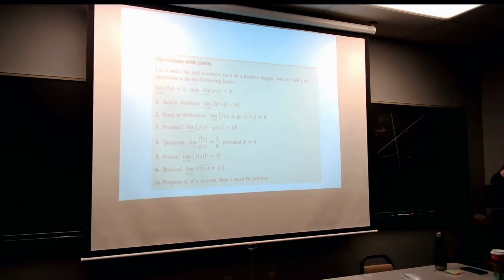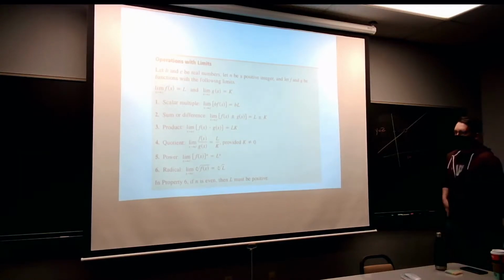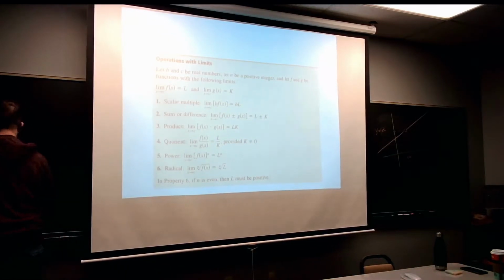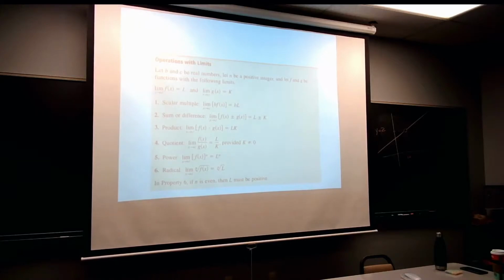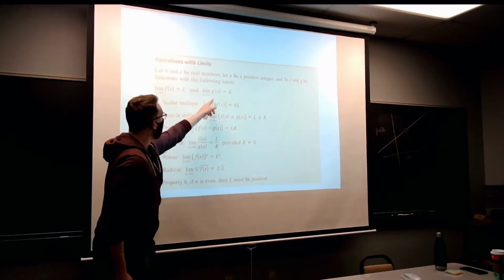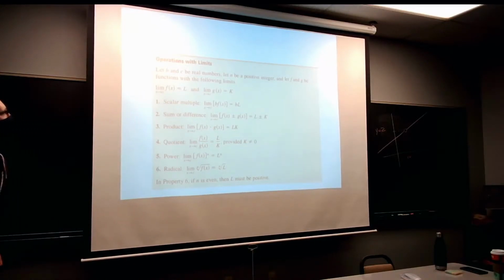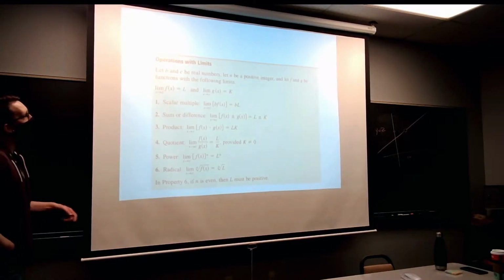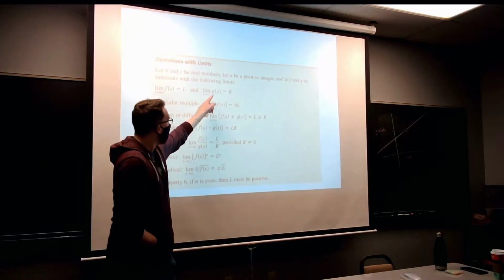All right, so now it might be useful to know how limits are going to behave under different operations, right? They really don't change a whole hell of a lot. I mean, they do change things, but not as much as you might expect. So let's say we have these two functions, f of x, g of x. And as x approaches c, f approaches L, and g approaches k.